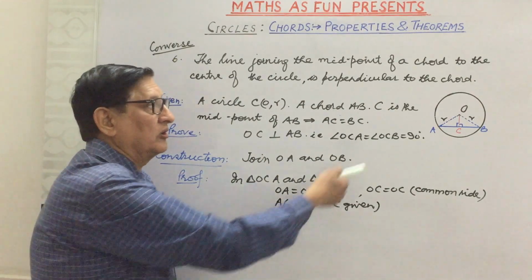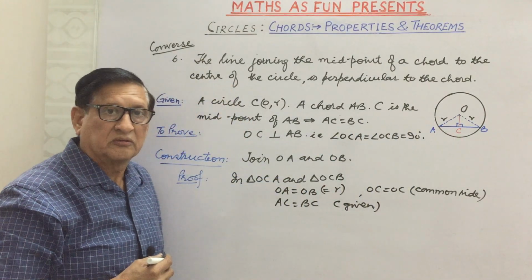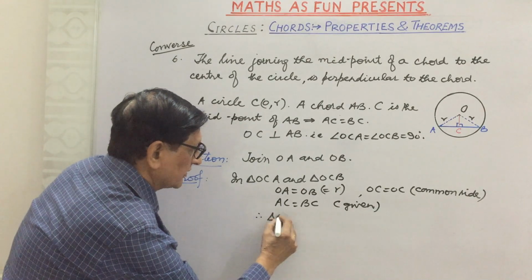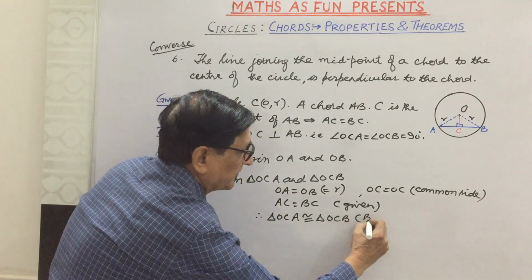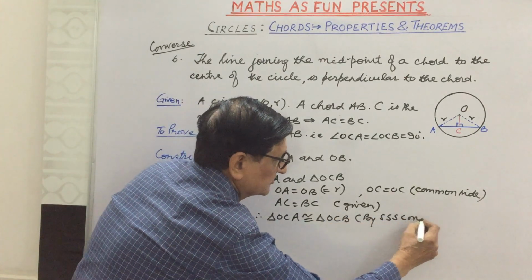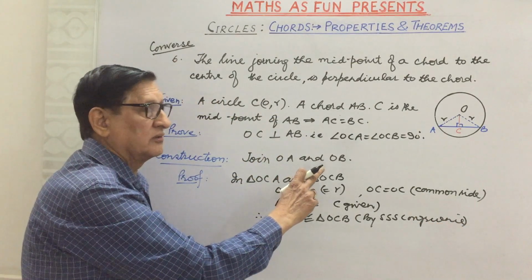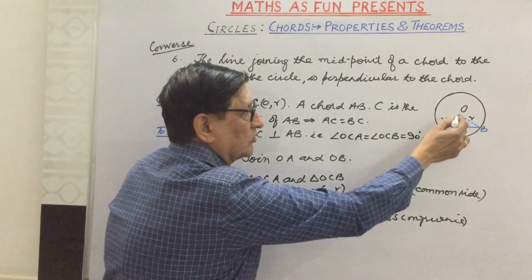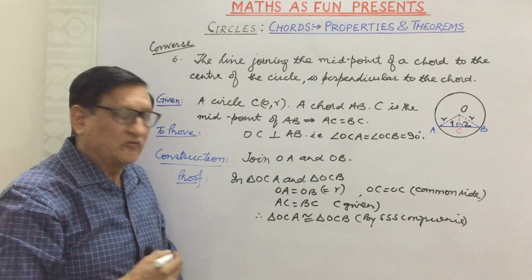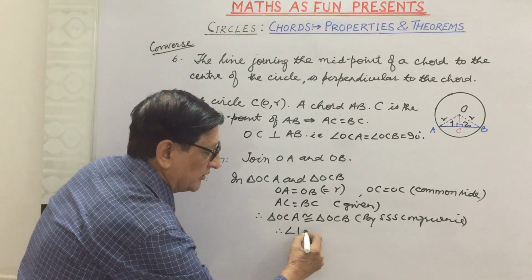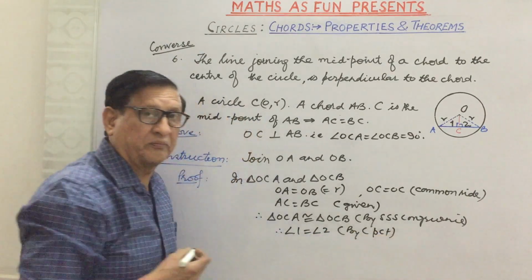So we find that all the three sides of this triangle are equal to all the three sides of it. And therefore we can write triangle OCA is congruent to triangle OCB by SSS congruence. And if they are congruent, we can say that angle OCA and OCB, suppose we write this as 1 and this as 2, angle 1 is equal to angle 2 by CPCT.